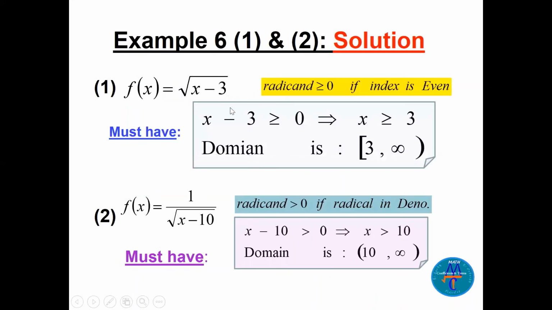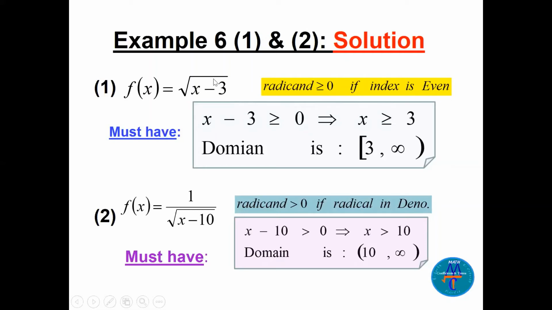So I will say again, see 1 and 2 in one slide, number 3 is another slide. So when you see radicals here, especially if you see the index even, look carefully here, radicand and the index even.